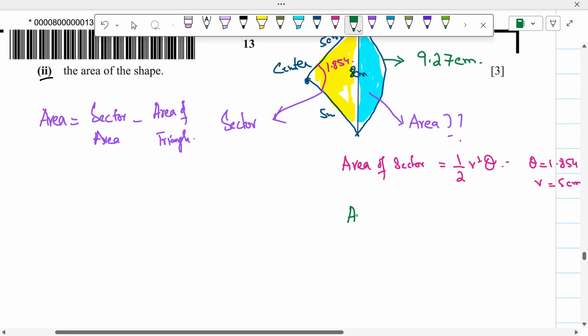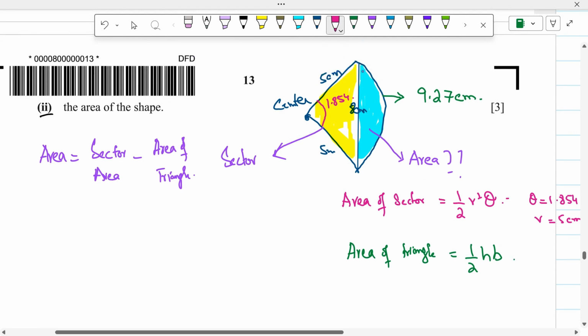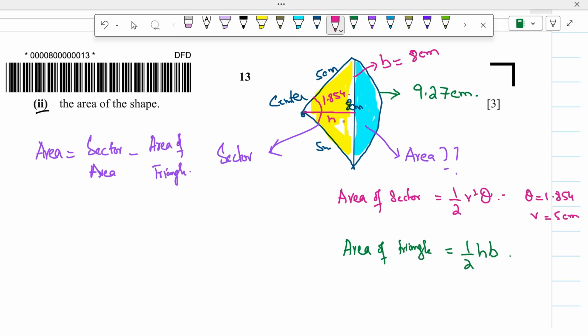The area of the triangle is 1/2 height times base, and in this case this one is the base, which is 8 centimeters. We need to find the height, and this one is 90 degrees. So this height can be calculated by using the Pythagoras theorem, because we have the right angle triangle.